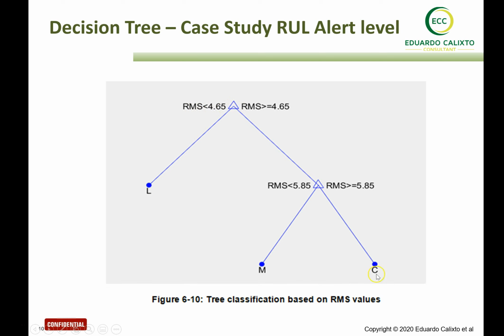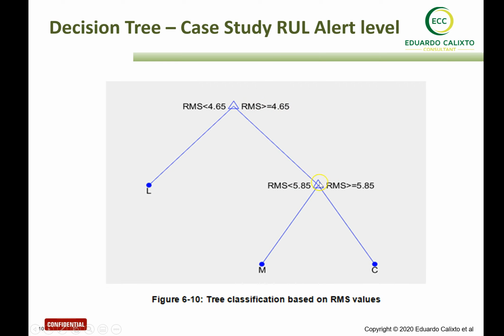Here we can see the classes that we use to classify the equipment: low, moderate, and critical. It depends on the RMS value. If it is lower than 4.65, we consider it low. If it is higher than 4.65, it can be moderate or critical.